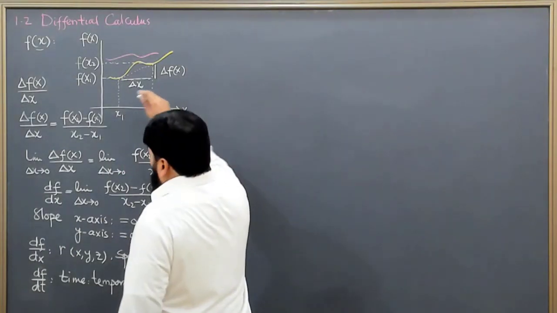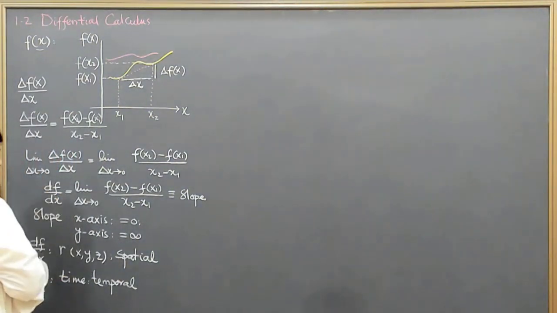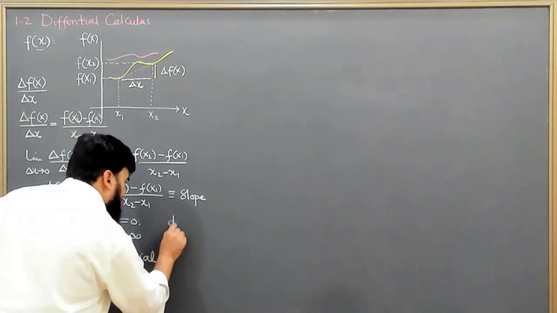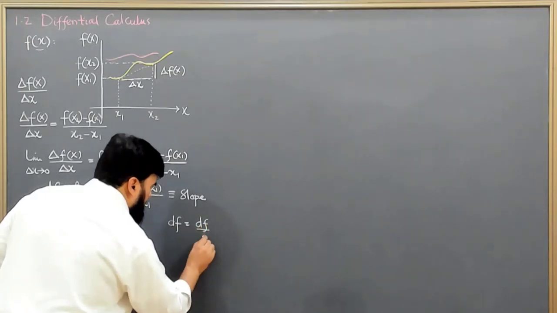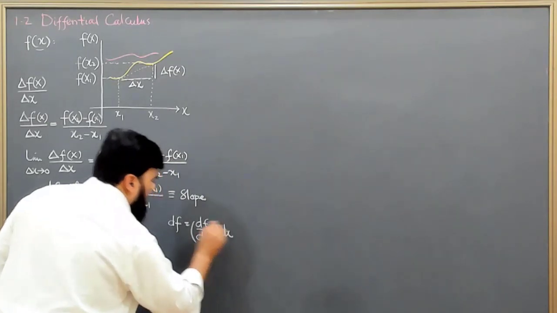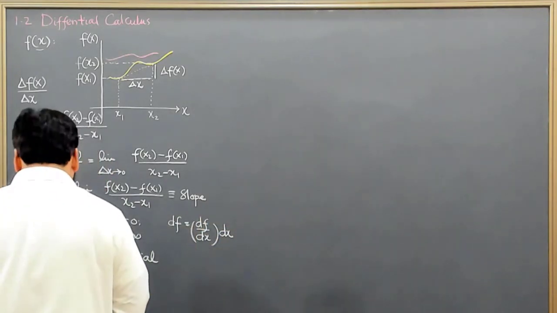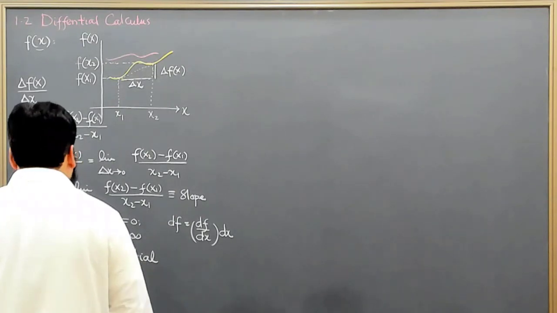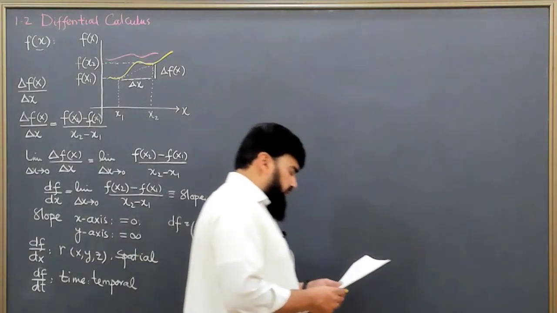Now I can write that df, the change in our function, is equal to df over dx times that small element dx. So I can write it this way as well, and it gives us the change of a function with respect to a space variable.